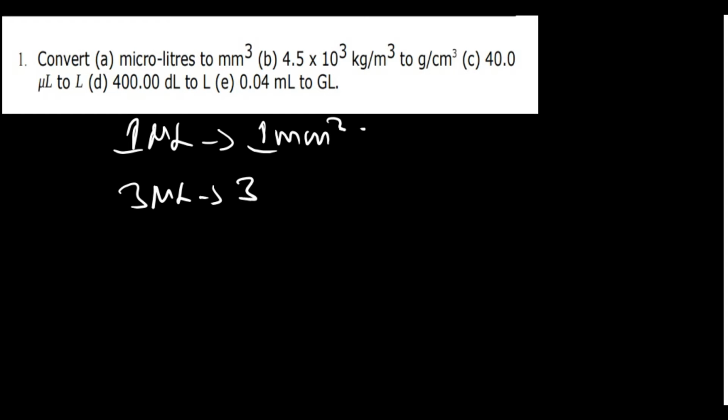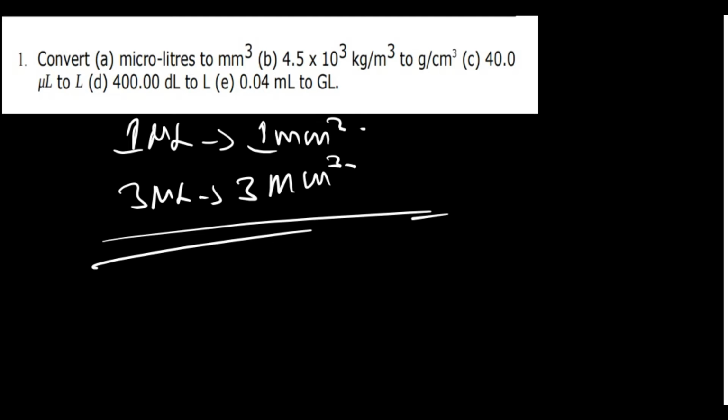Okay, so they want us to convert microliter to cubic millimeter. What we have to understand is that 1 microliter is also equal to 1 cubic millimeter. So if maybe we have 3 microliter, this is going to be the same as 3 cubic millimeter. So in short, the ratio is 1 to 1.